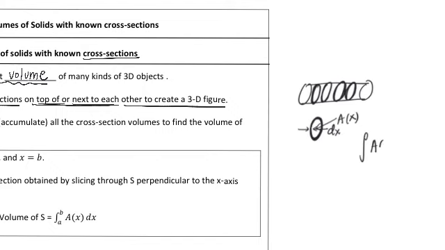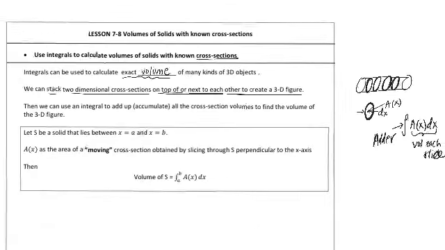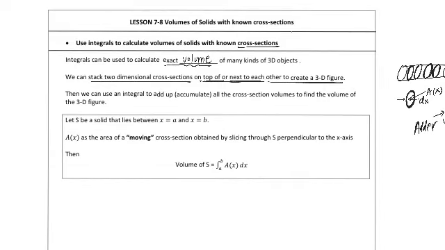And if we integrated the volume of each slice, this would be the volume of each slice. If we integrated it, integral is an adder, so the integral will just add up all of the slices and you will get the total volume. So this is the basic idea that we're using here.